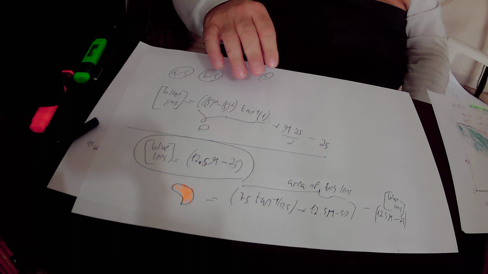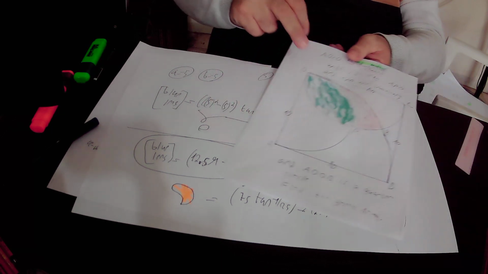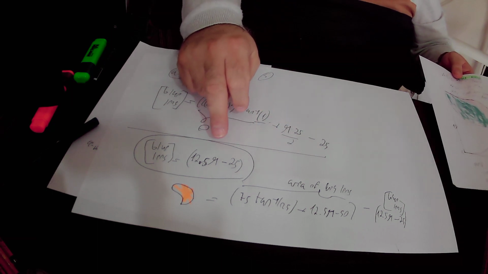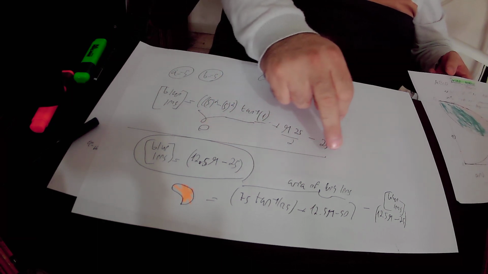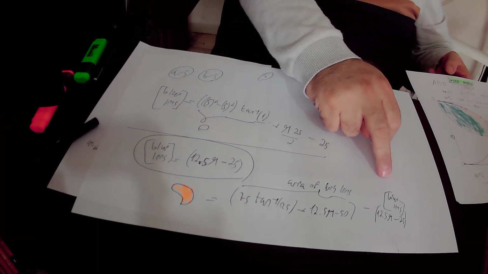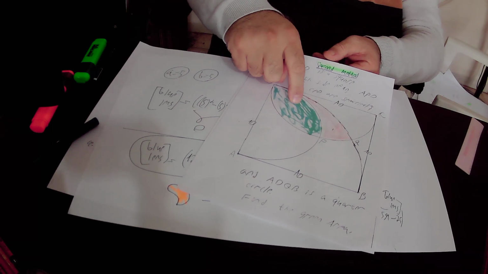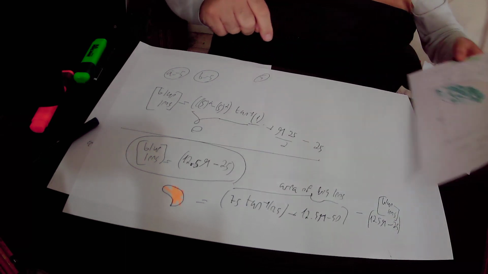Okay, so the area of this orange shape equals the area of the big lens minus the area of the blue lens. Again, the area of the big lens minus the area of the blue lens will give us the area of the orange shape.